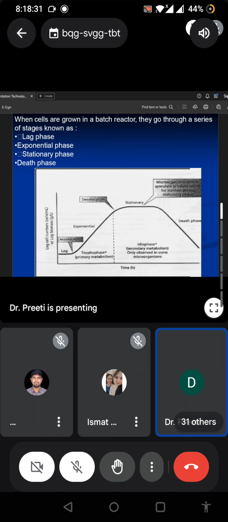Now, in some cases your product will be produced during log phase. In some cases your product will be produced during stationary phase. Primary metabolites, which are produced only along with growth, will be mostly produced in log phase.